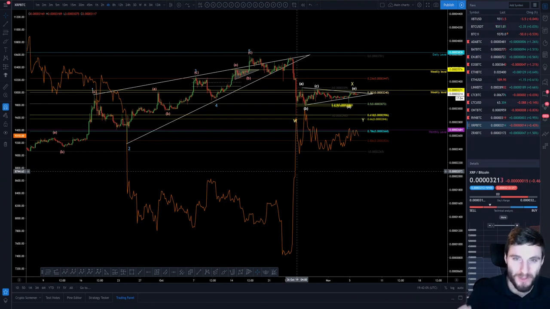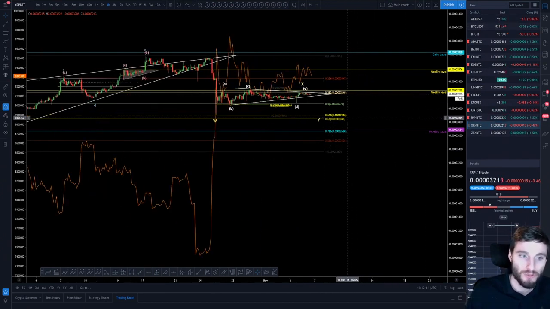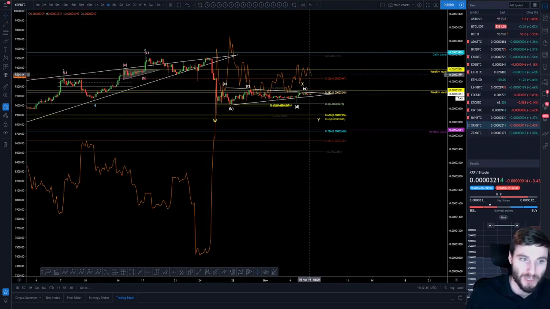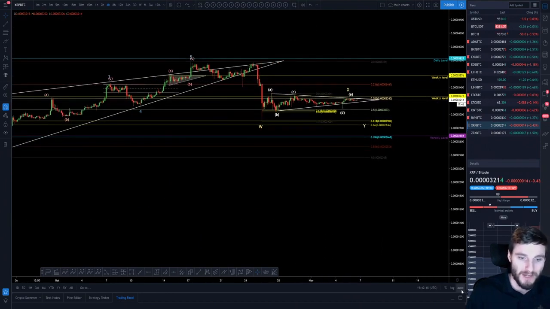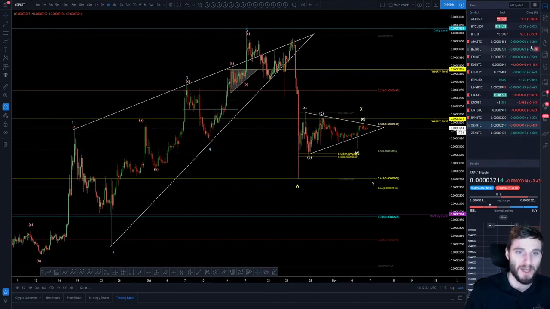It's really important that you're aware of this, because if Bitcoin gets a strong move to the upside, XRP is likely going to head down, and if Bitcoin heads down, you could see XRP break out of this triangle to the upside. So be really aware of that inverse correlation, because they're totally inverse at the moment.